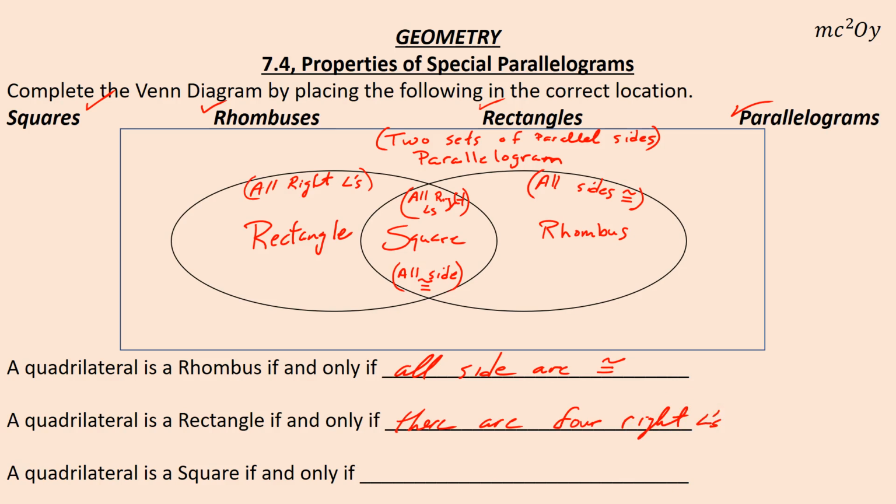And then finally, a quadrilateral is a square if and only if it has all sides congruent and four right angles, or you could say if and only if it is a rhombus and a rectangle.